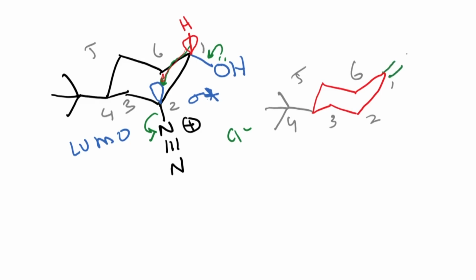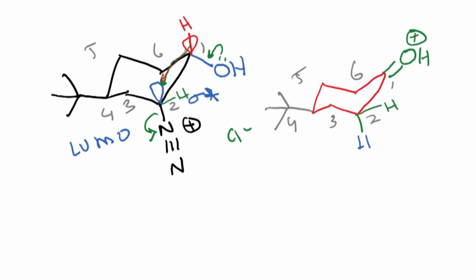So you have a C double bond O that is formed in carbon 1. It is a protonated ketone. And now this hydrogen that is moved here, there's already another hydrogen here. This hydrogen moves here. There's going to be an inversion in stereochemistry. And you have the original hydrogen as shown here.